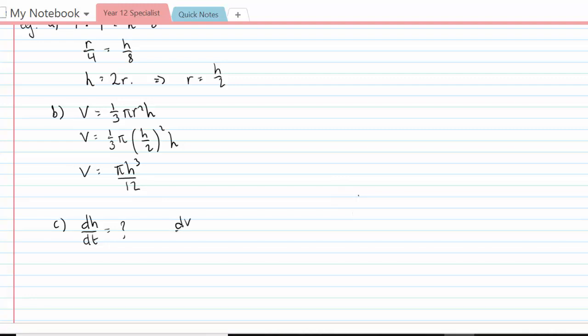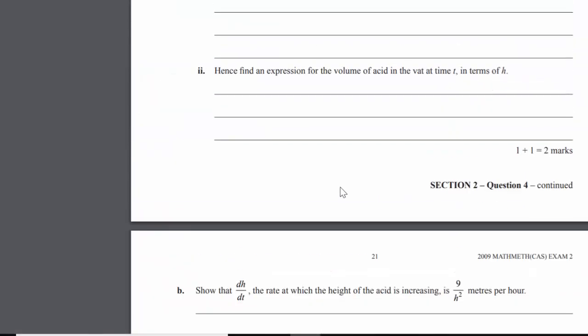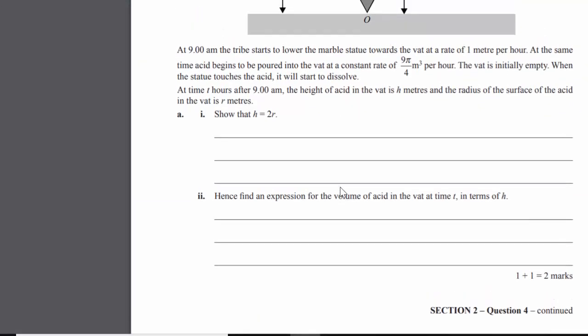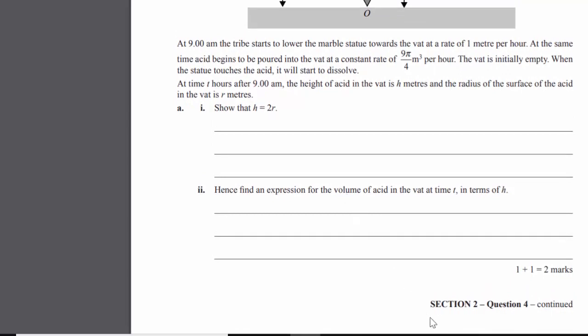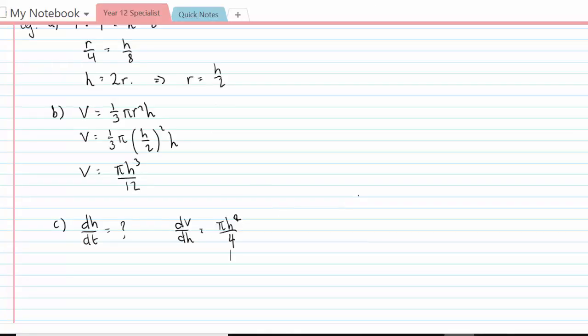So let's just write that one down to begin with. dV dH is going to be pi h squared on 4. And we were given information in the question at the beginning that I said we'd hold on to. We're going to use that now. We've got the acid being poured in at 9 pi on 4 meters cubed per hour. So that means that dV dt is 9 pi on 4 meters cubed per hour.